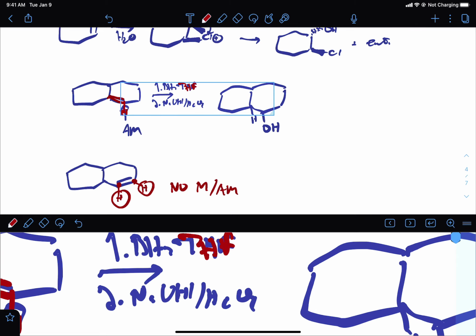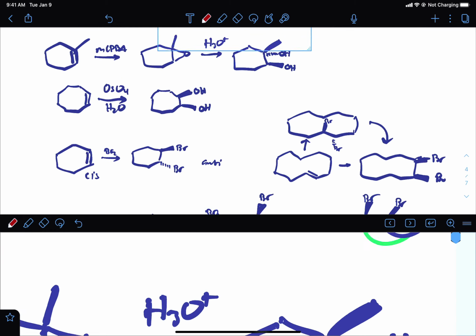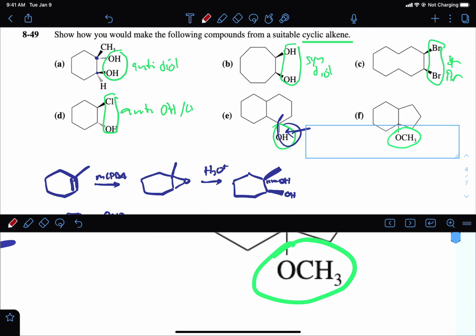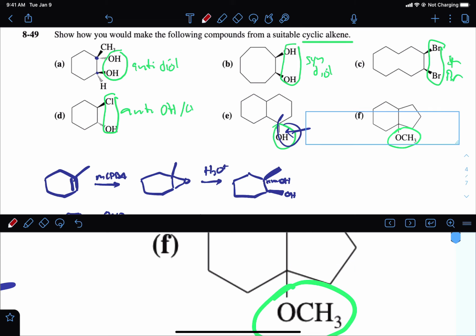Okay. And then last one maybe. Okay, that was that. So over here, we want to add an OCH3. Notice that that's a Markovnikov position. If we have the double bond here, that's the Markovnikov position.